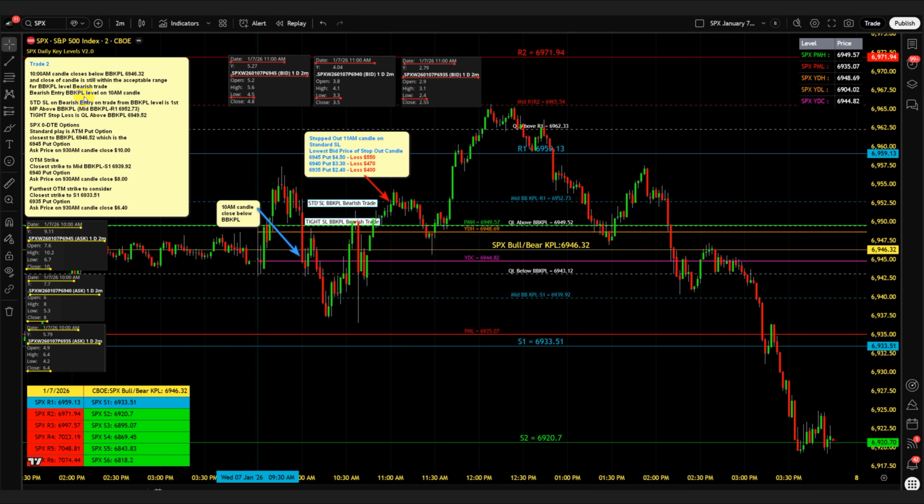So we have a bearish entry on the BBKPL level on this 10 a.m. candle close. Since the trade is being taken off of the same BBKPL level, we're using the same standard stop loss and same tight stop loss on this bearish trade.